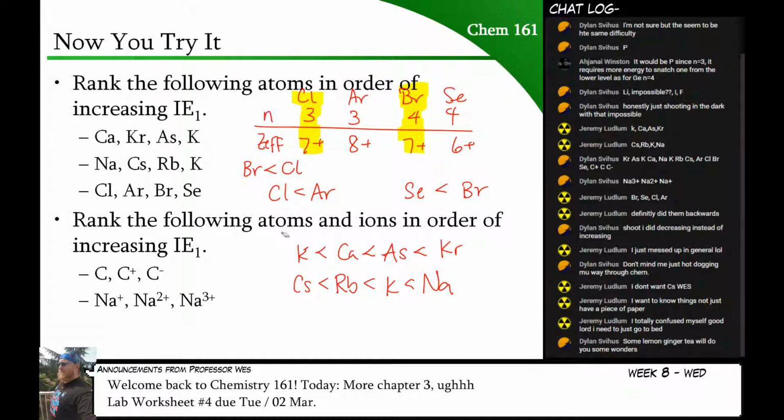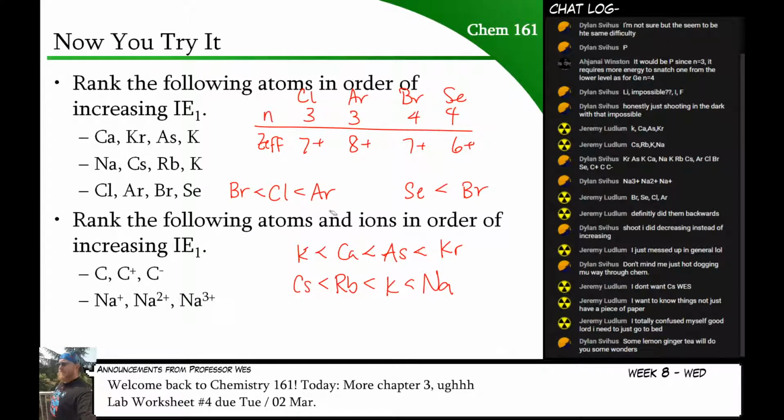Why is chlorine lower? Or I'm sorry, why is bromine lower than chlorine? Well, it has a higher N. The electrons are further away. Easier to ionize electrons that are further away. Now all I gotta do is figure out where selenium goes, right?